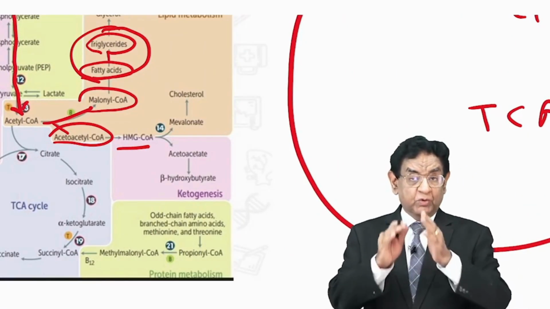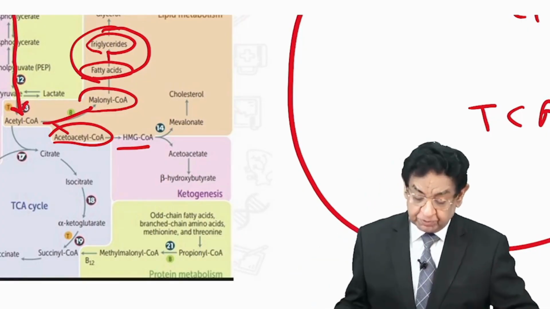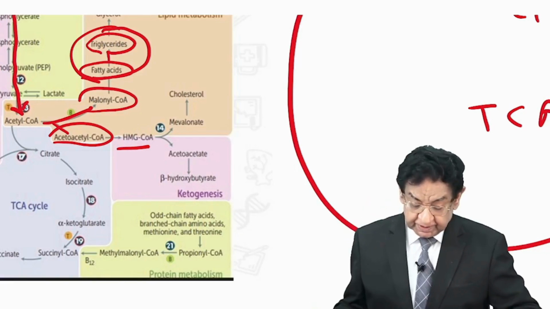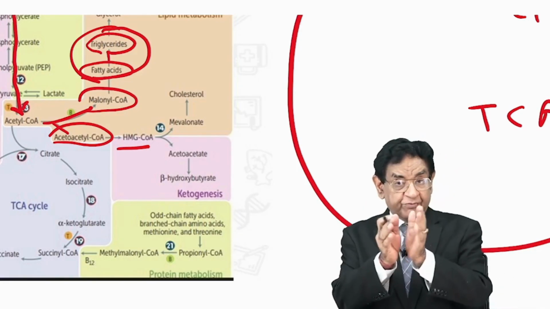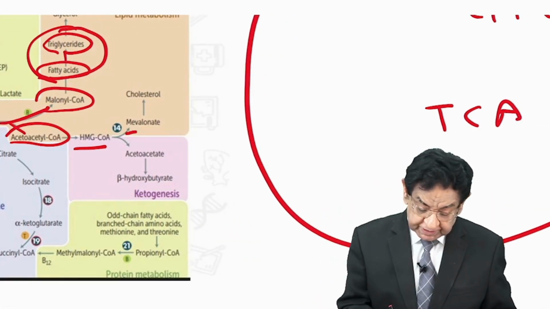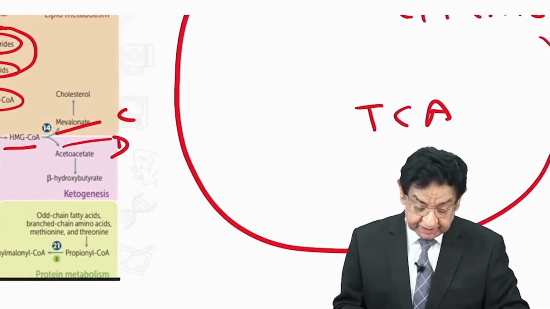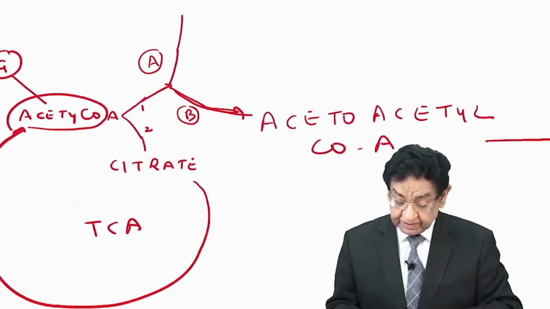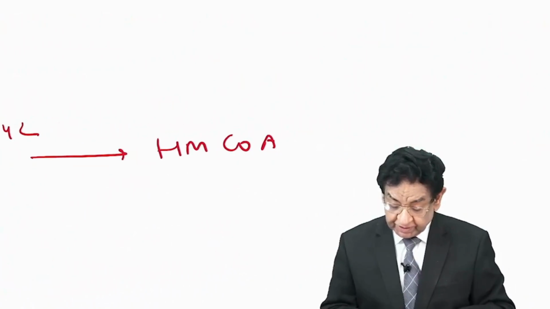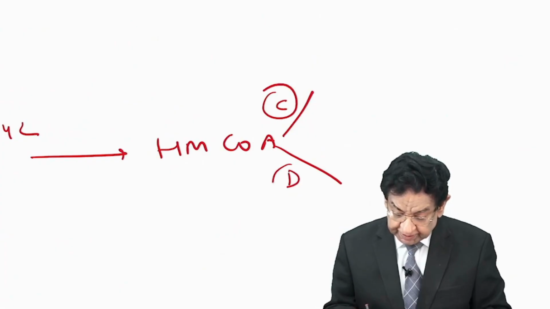Now road B is going, and we reach up to HMG-CoA. Now this road B further divides into two parts. One is road C and the other is road D. Road number C, road number D.